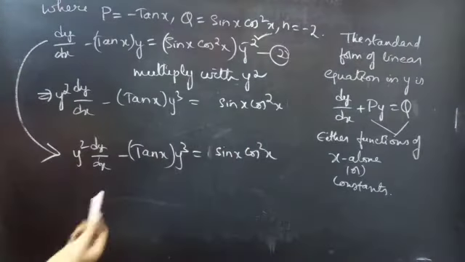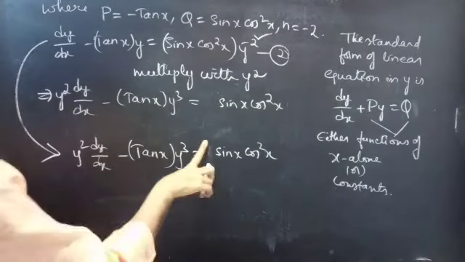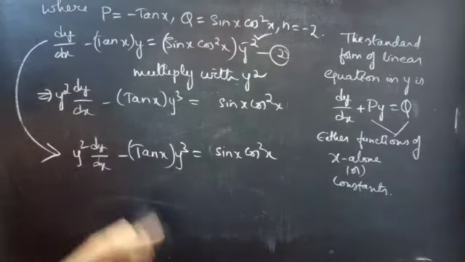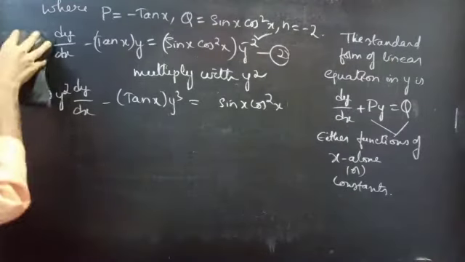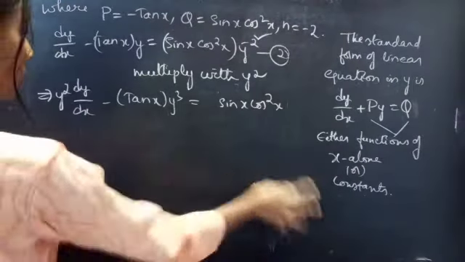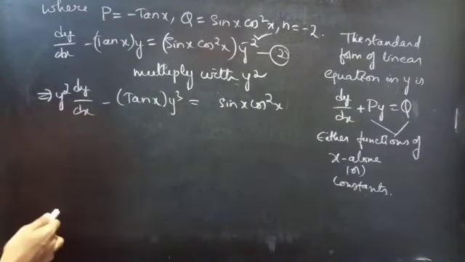We know that y square into y power minus 2 is y power 0, which is 1. So we can write directly like this, or you can do all the steps.